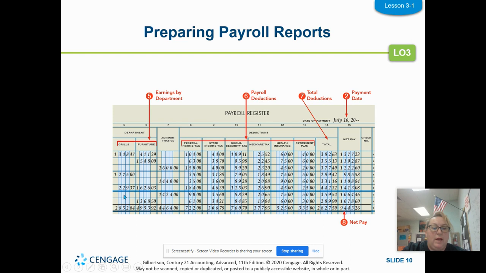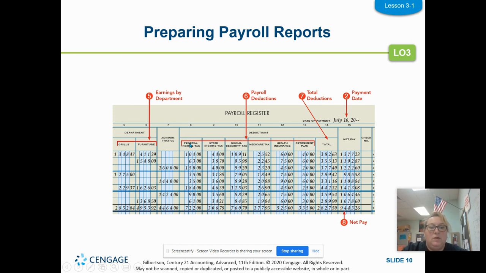The rest of it breaks up those salaries by department. These 3 columns, the departments and the administrative, are the only things different between this payroll register and the last payroll register you did. All they did was break it up into what department took up what part of the salary.